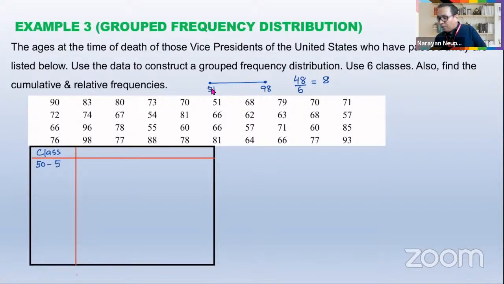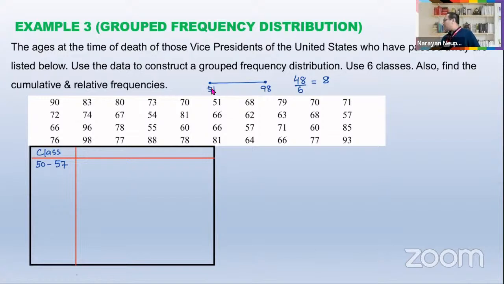You can count on your fingers: 50, 51, 52, 53, 54, 55, 56, 57. If you go up to 58, you'll have 9, but we want only 8, so we go up to 57.